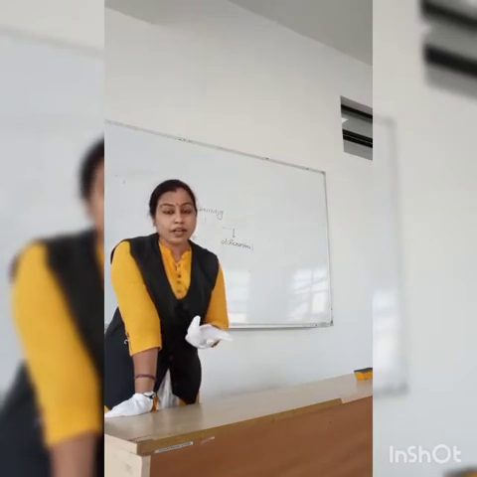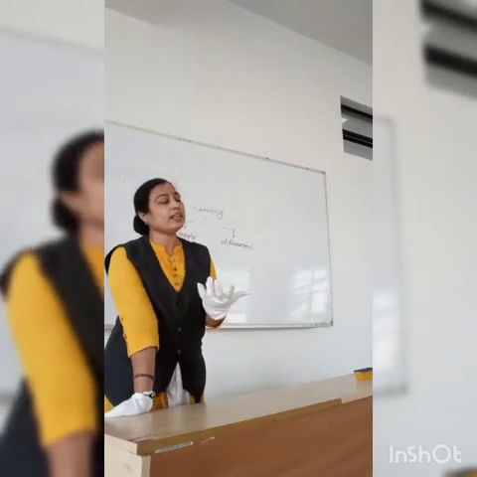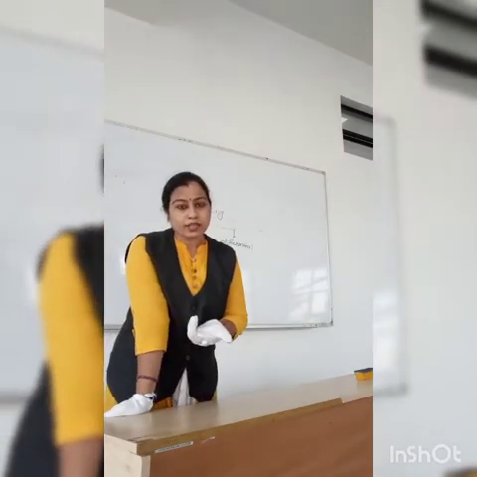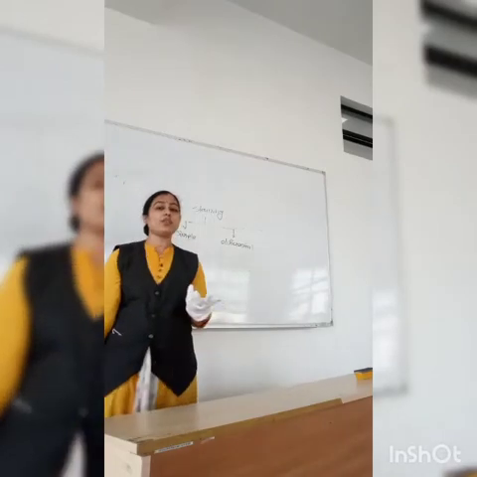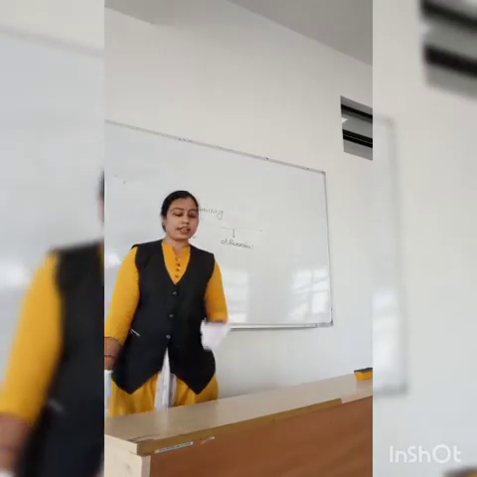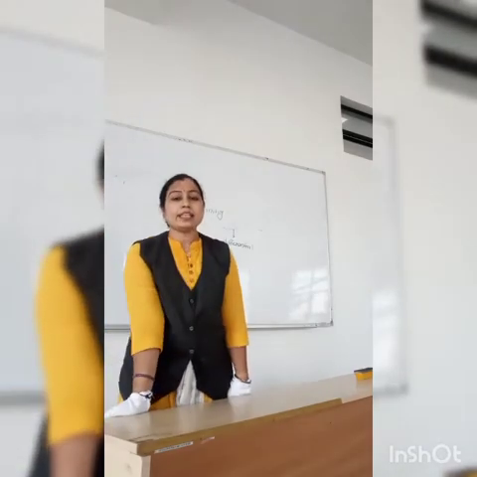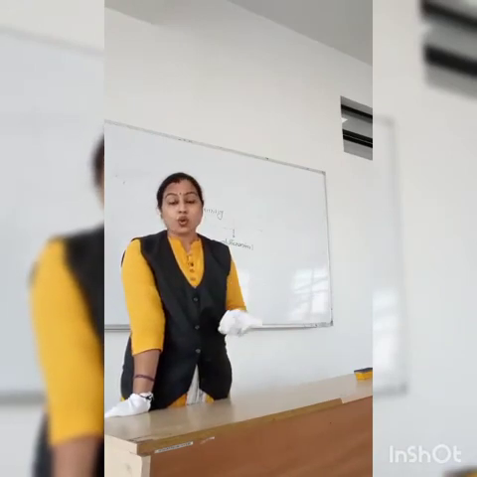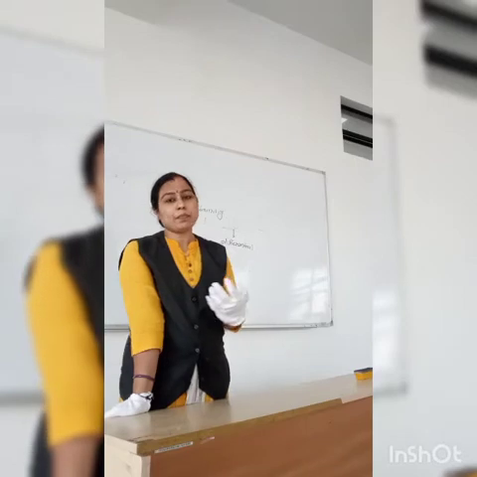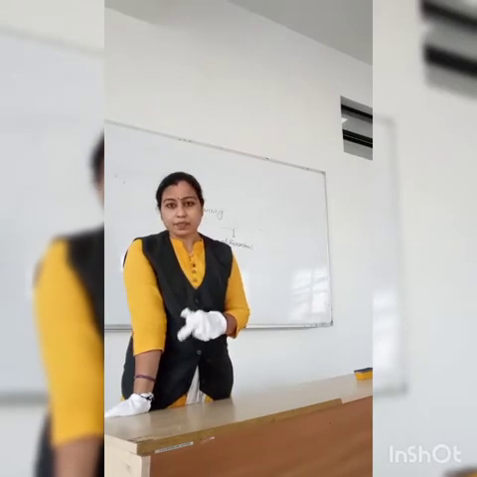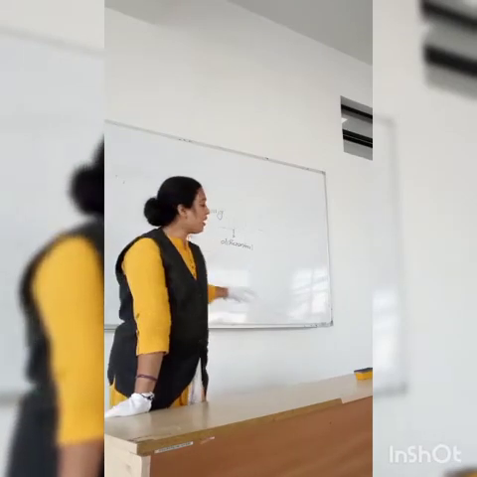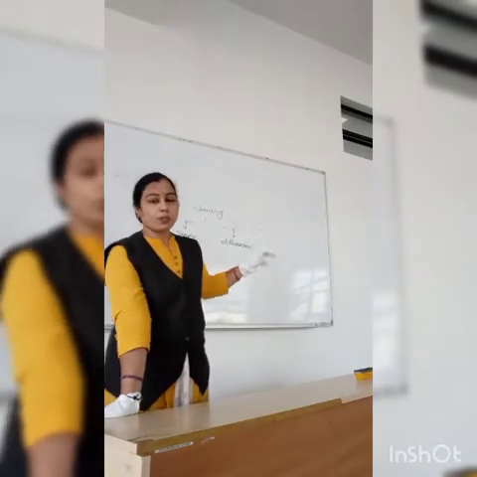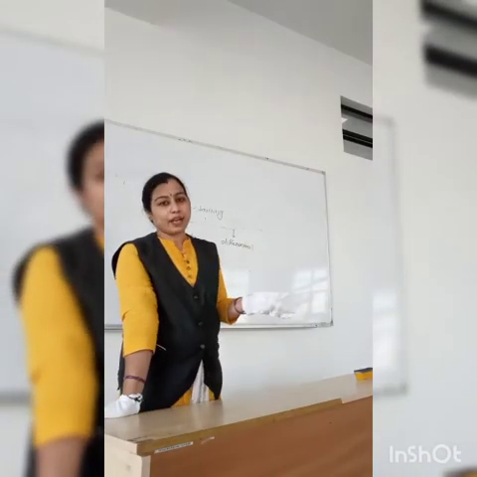Then we learn about safranin. The next one is the negative stain; in negative staining we use an acidic stain. The acidic stain carries a negative charge on it. Examples are nigrosine, eosine, Congo red. So in simple staining we learn about monochrome staining as well as negative staining.